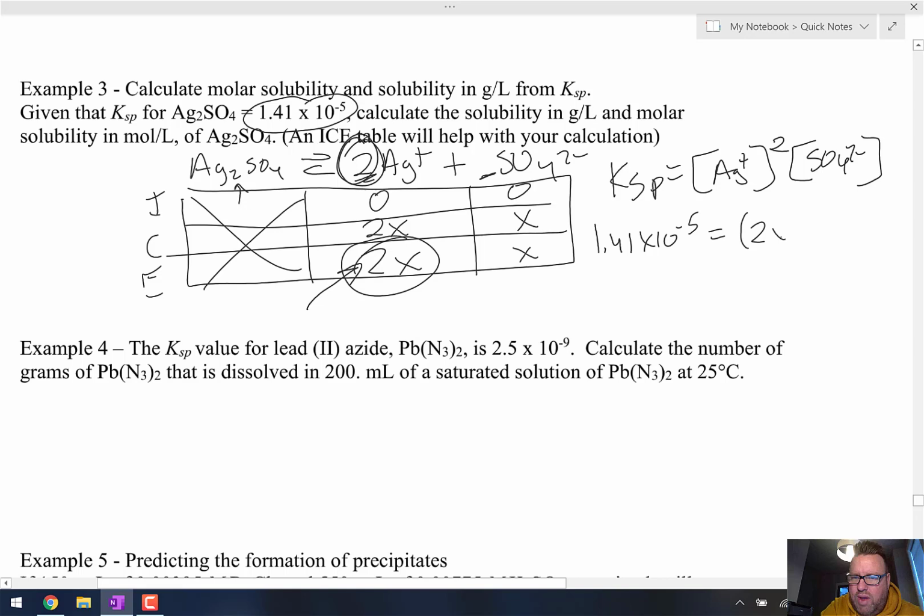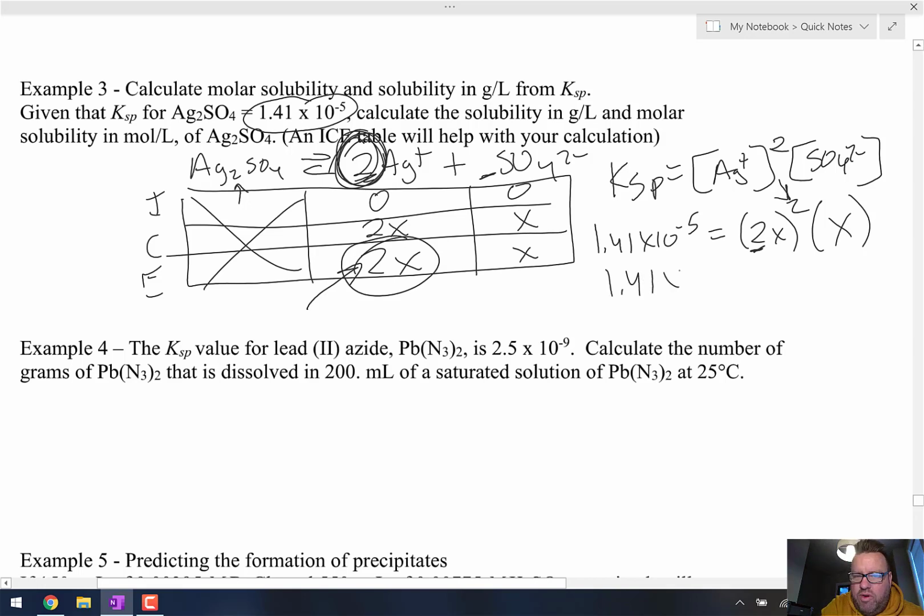We've got 2x and it's squared. So yep, that 2 in this equation right here is really, really important because again, it shows up here and it also shows up here. And then SO4 2 minus is obviously x. So now we've got 2x and that whole quantity is squared. So that's 4x squared times another x is 4x cubed.